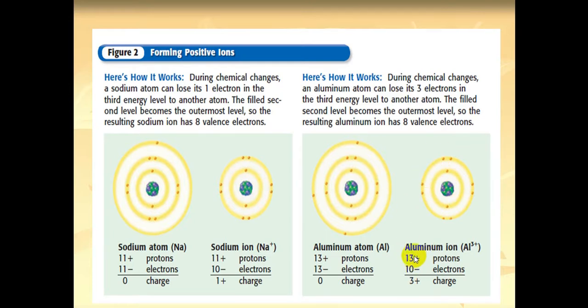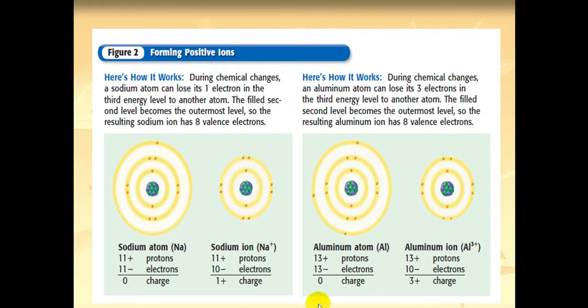So 13 plus and 10 minus, when you subtract them, the overall charge will be 3 plus. So we write the aluminum ion as Al3+, which means that the aluminum has an overall charge of positive 3. Okay? So metals form positive ions.